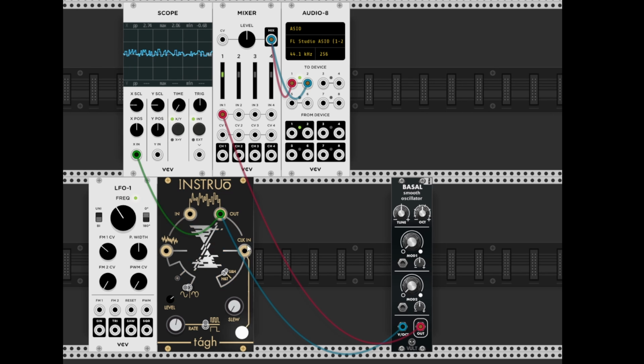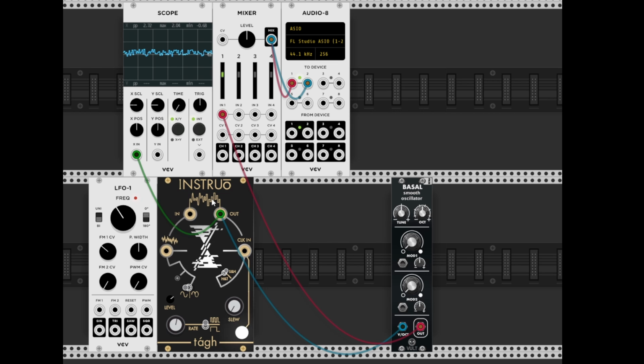So this is a demonstration that we don't have to patch anything into tagh or tagh, I think a Celtic word, to make use of it.